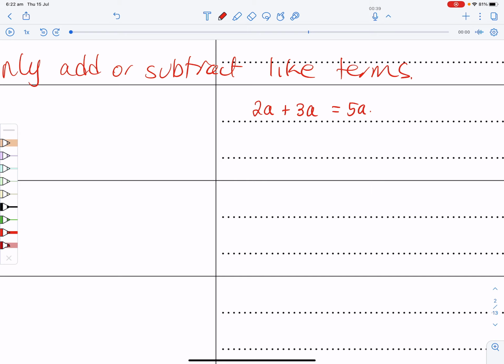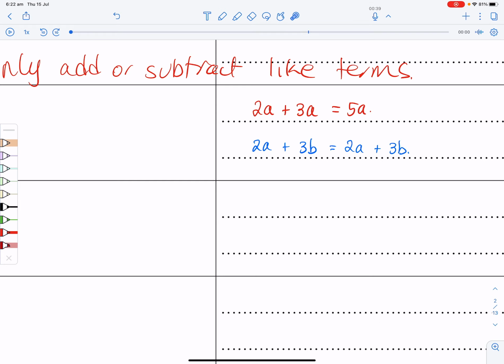Because the 2a and the 3a are like terms, I'm allowed to bring them together. But if I now said to you, simplify 2a plus 3b, the 2a and the 3b are not like terms, so I can't bring them together. So I can't simplify that anymore. Okay?